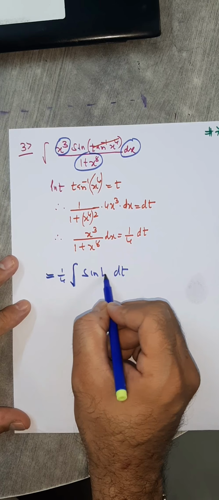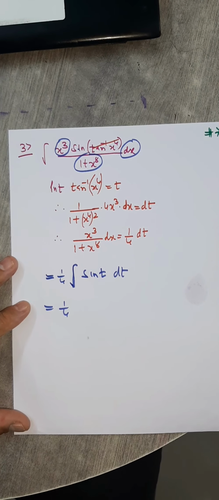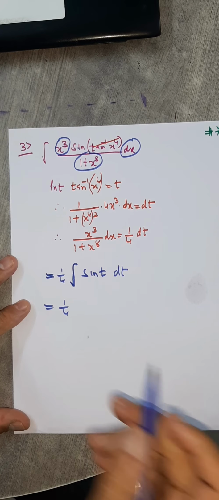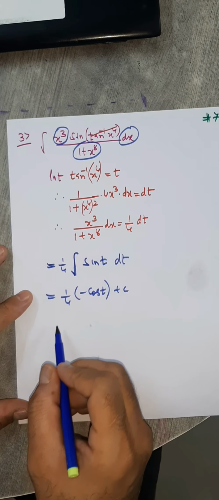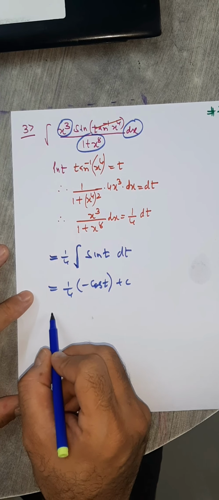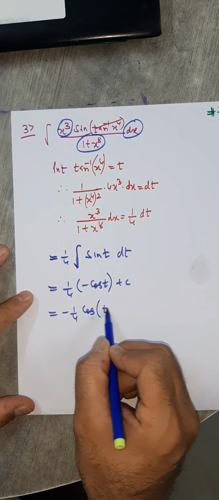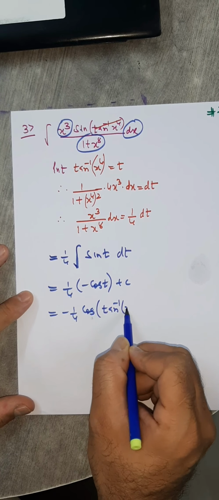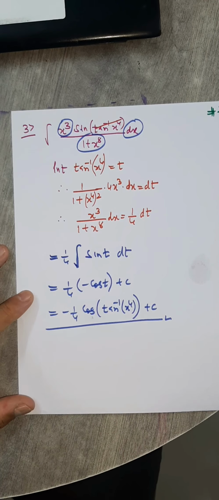So we are just left with sine t, which is a very standard function. What is the integral of sine? You know it is minus cos. So here you have minus cos t plus c. But what is t? So minus 1 by 4 cos of tan inverse of x raised to 4 plus c. This is your answer.